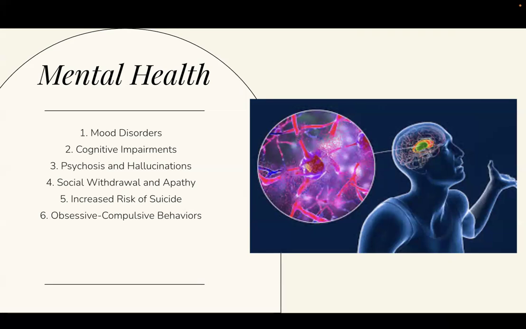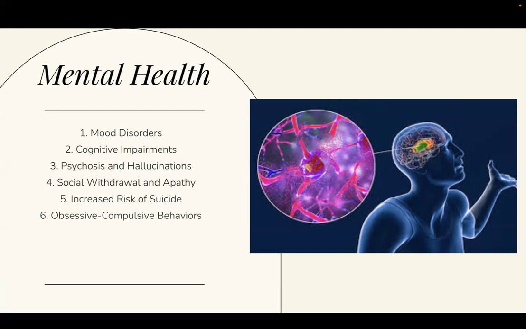Number two is cognitive impairments, which I talked about: difficulty with decision making, memory problems, impaired judgment. I kind of already talked about that. Three, psychosis and hallucinations. Some patients experience paranoia, delusional thinking. It's less common than depression and anxiety, but it could definitely still happen since parts of your brain are just kind of dying off. Social withdrawal and apathy, a huge loss of motivation in social interactions, and this can also link to depression.